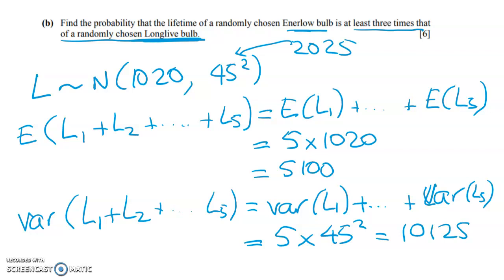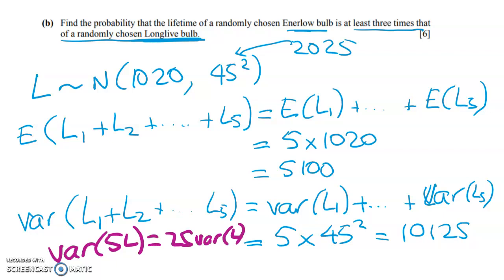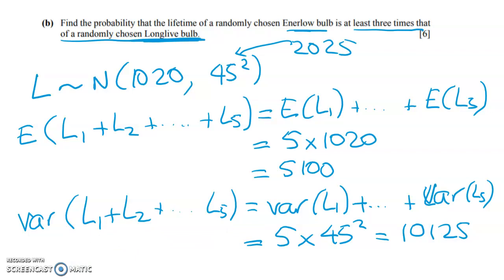Now the mistake that people make here is to do this, so don't do this. If we go var of 5L, that's 25 times the var of L. But that's for a different situation. That's for what we need in part B.